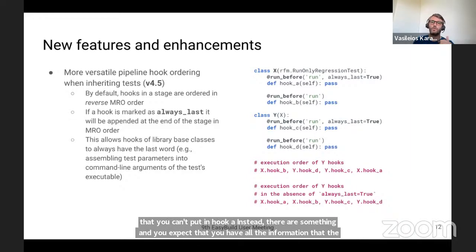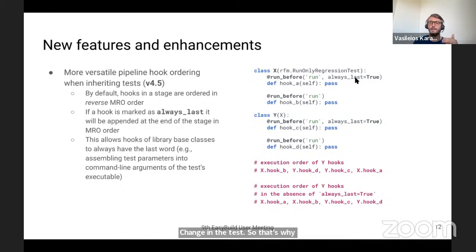So that's why we've introduced this new argument to the run_before and run_after decorators that's called always_last. It will append the hooks, in MRO order this time, at the end of the list.